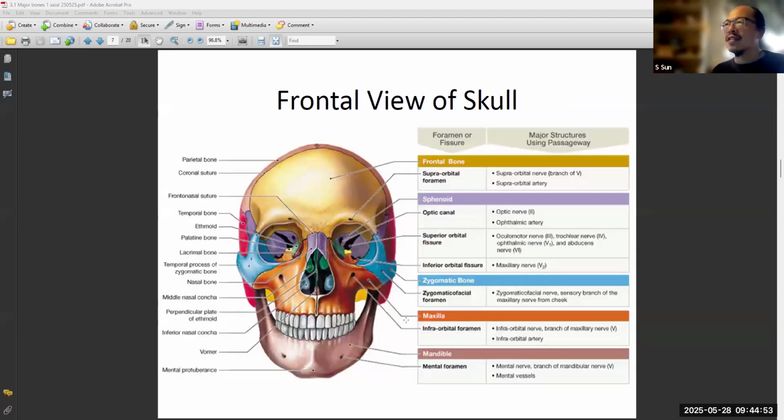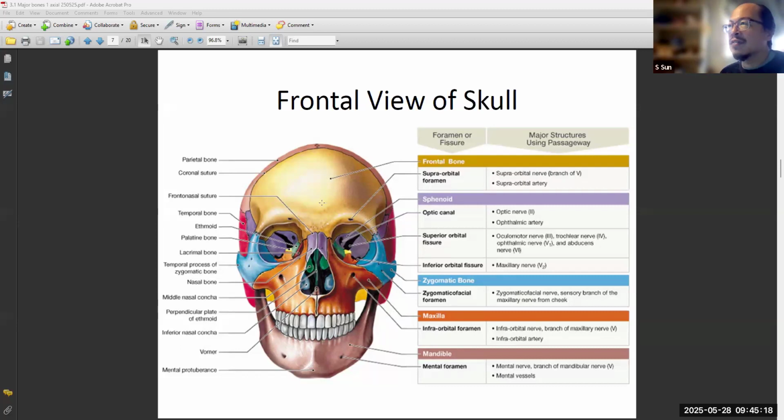All right. Look at the front. A lot of those are already repeated, but we can go over those again. So basically, two things. One is to identify the bones. The other is to know the features of the bones.